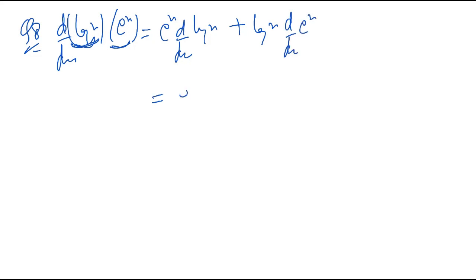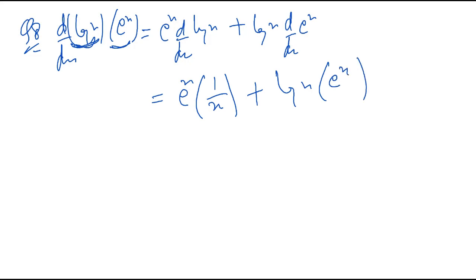Now, e^x will remain as it is, and log x will give you 1 over x, plus log x as it is, and e^x will remain as it is because we know that the differentiation of e power x is e power x.